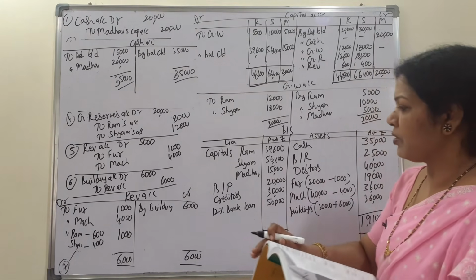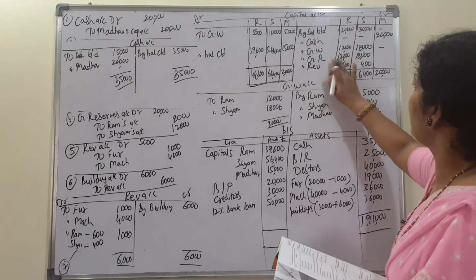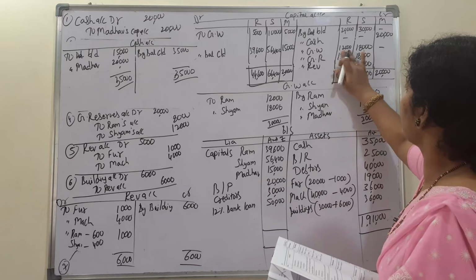Yes, 8,000, 12,000. There we made a mistake. So general reserve is here, 8,000 and 12,000.